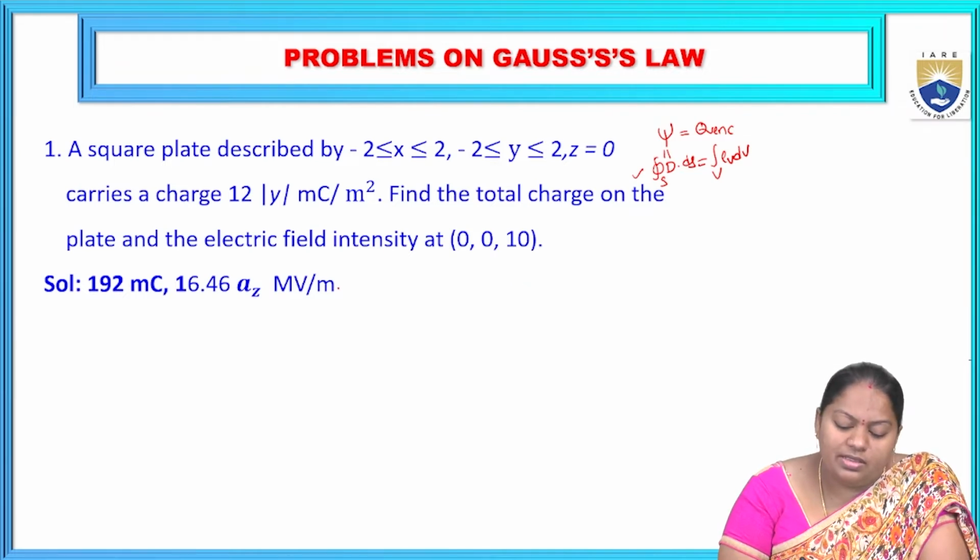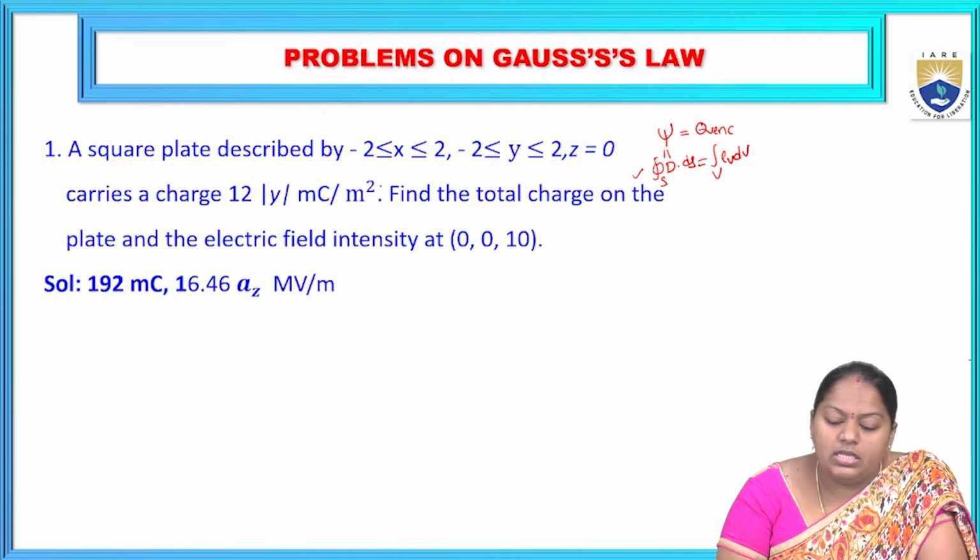The first problem is a square plate described by -2 less than or equal to x less than or equal to 2, y ranging from -2 to 2, and z equal to 0.